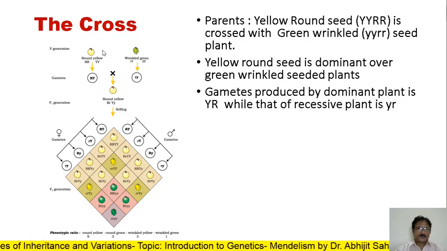Through separate monohybrid crosses, we have found that round is dominant over wrinkled and yellow seed color is dominant over green. So now we choose two parents. One is yellow round, homozygous, and another is green wrinkled, homozygous.